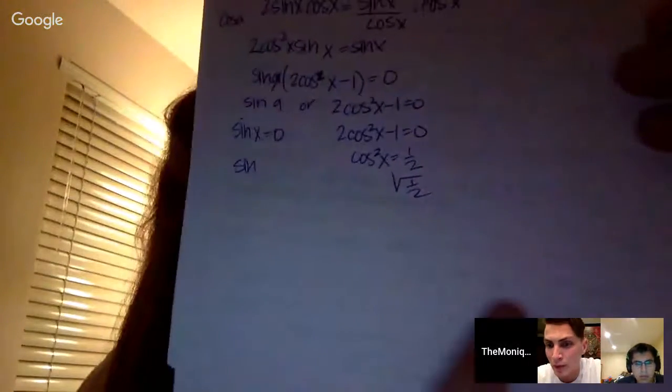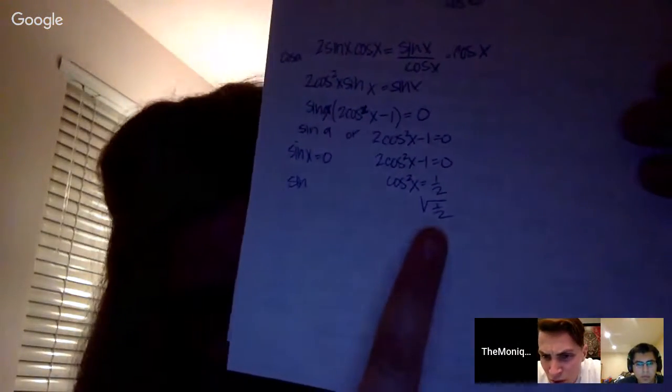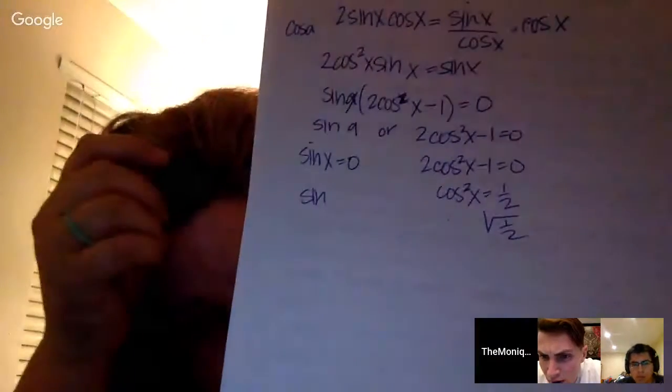And then we have to do plus or minus square root of 1/2 for cosine. The cosine x equals plus or minus the square root of 1/2 is what you're saying. Yeah, so I don't know if that is making sense. No, I see you on that.